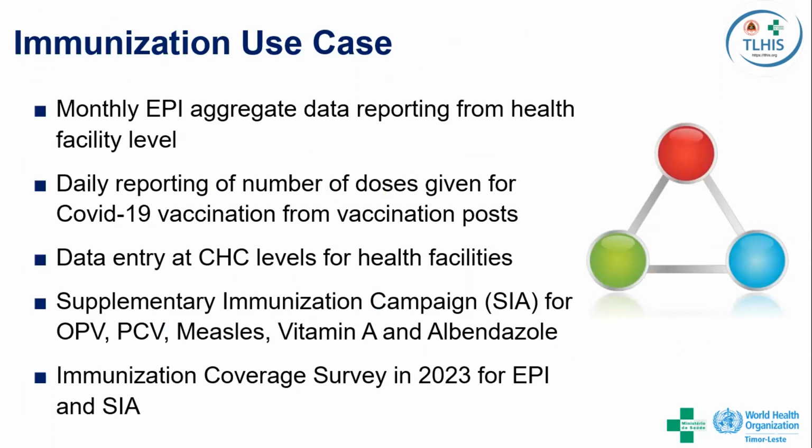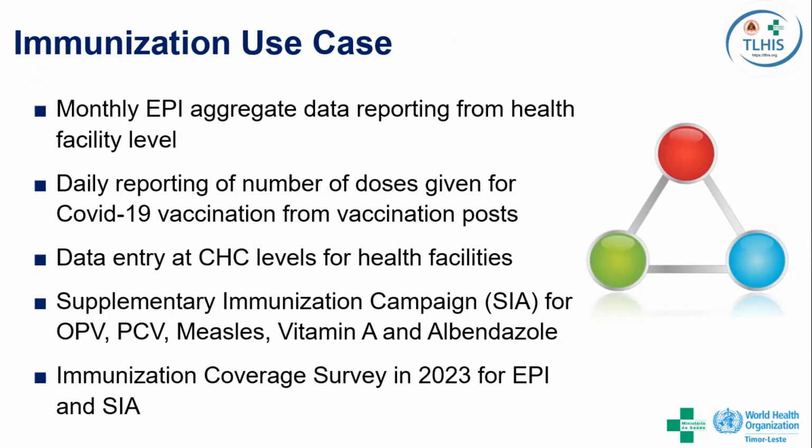So what is happening in immunization in Timor-Leste in this health information system? We have monthly aggregate data for EPI reporting from health facilities. Each health facility sends a monthly aggregate into the system. In addition, we have COVID-19 daily reporting of the number of doses given from each COVID-19 vaccination post. This has been happening for the past 2 or 3 years, and it's still continuing.